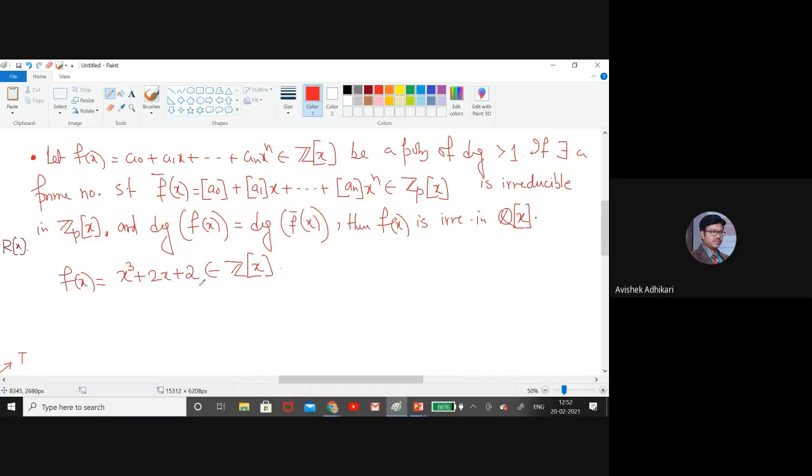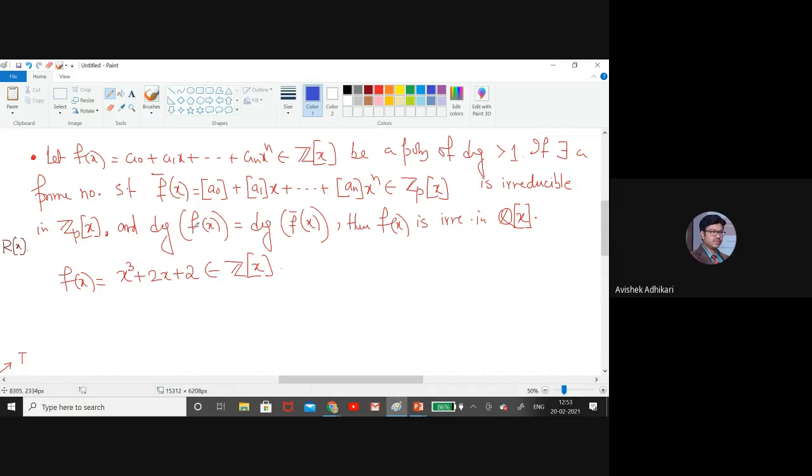Since this is in Z[x] and the degree is 3, it falls within our degree 2 or degree 3 theorem. If you can show that there exists no root of this polynomial in Z, then you are basically done and can say this is irreducible. But using that method it may be difficult, while using this method it is very easy.